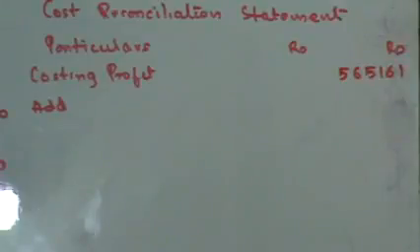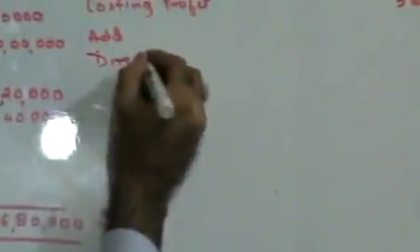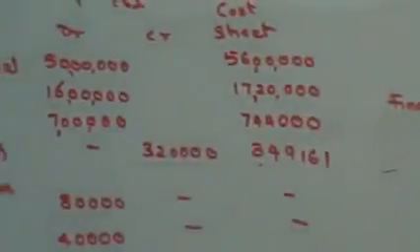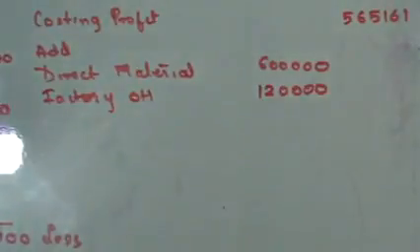Direct material is more in cost sheet. Right? This is 50 lakhs. This is 56 lakhs. More. So it will go in more column. Direct material is more by 6 lakhs. Then you have factory overheads is more by 1,20,000. Then you have office overheads, which is more by 44,000.